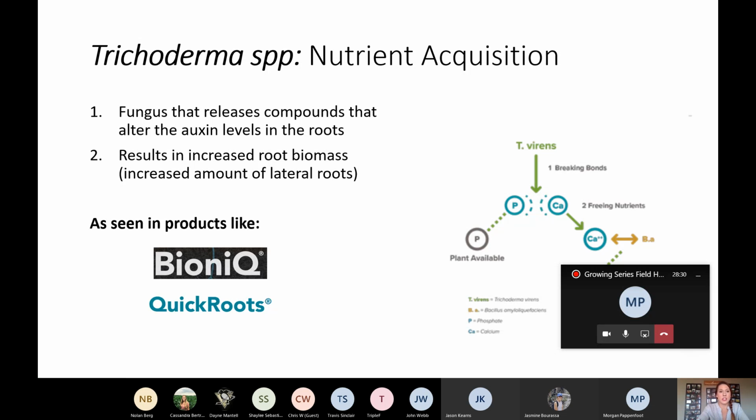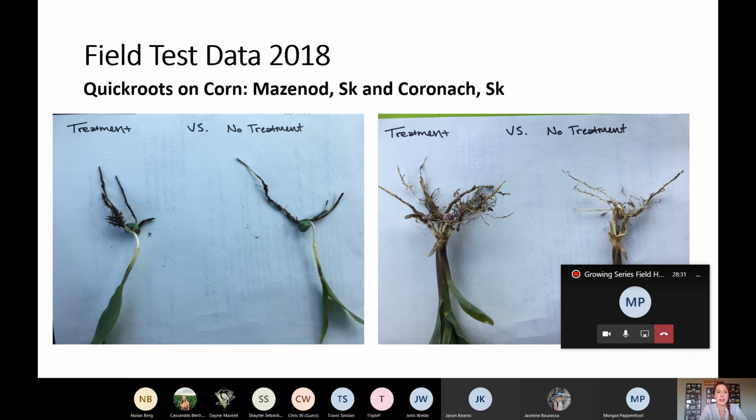So these are some field tests that I did in 2018. These are Quick Roots on corn. Corn responds really well to this type of thing. As you can see, the treated side ended up having a lot more fibrous roots. I was pretty happy with how it went. There was a lot more above ground matter as well, which is good for any silage, corn silage, guys.